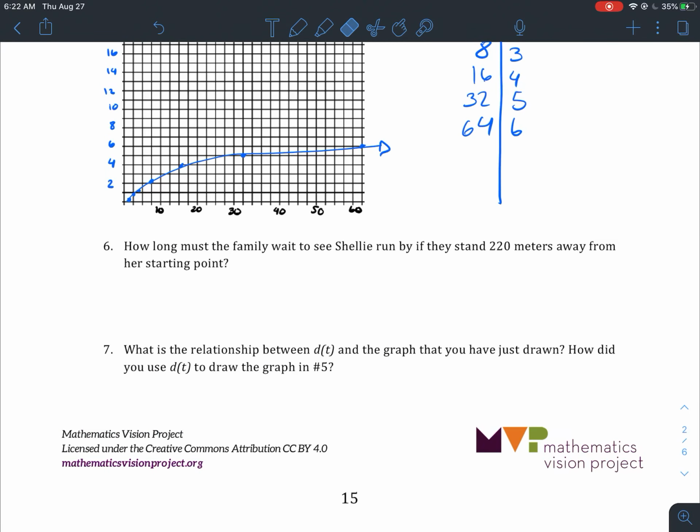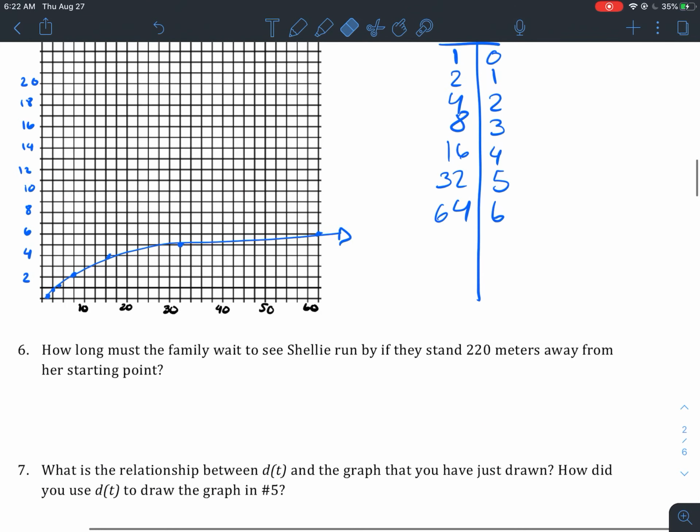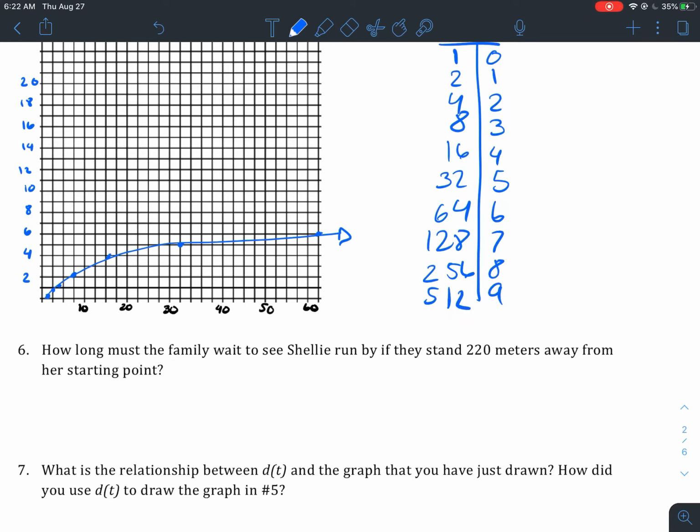Next it says, how long must the family wait to see Shelly run by if they stand 220 meters away from her starting point? So, one thing I want to point out here, let's add some more points to this chart. Okay, so she's at 7, 8, 9. So at 7, it'll be 128, 256, and 512.